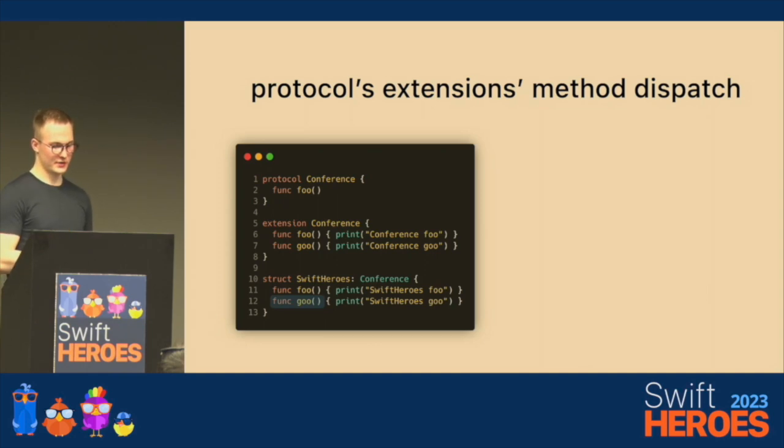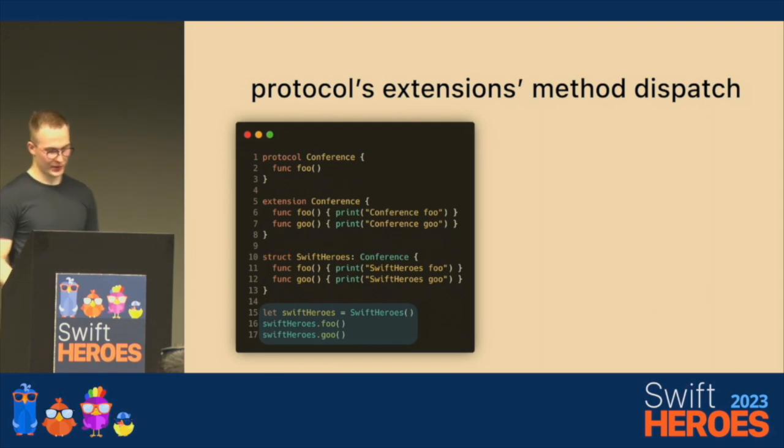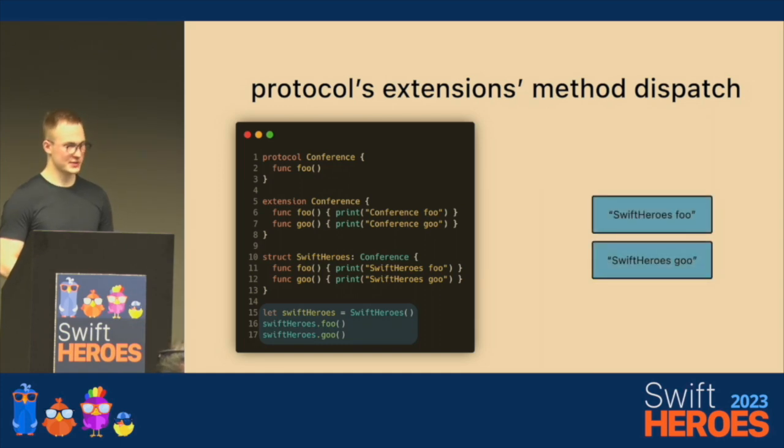And we have the go function as well in the structure called SwiftHeroes, which conforms to this protocol, but it's not part of its interface. So we can create an object of the SwiftHeroes type, and then we can call both functions, foo and go, in this case. And the result will be the following, and it is because we are accessing it by the struct type, not the protocol type.